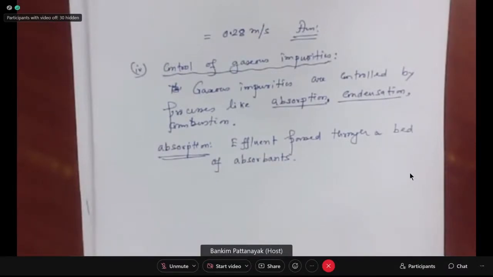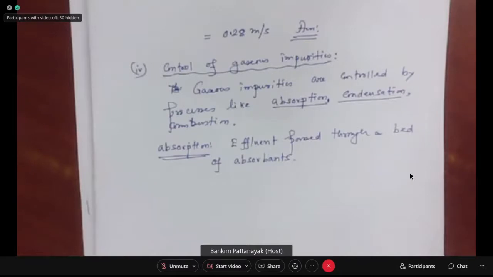For example, one is a filter. Filtering is a process by which you remove the particles, for example the air filter and oil filter used in automobiles and IC engines.